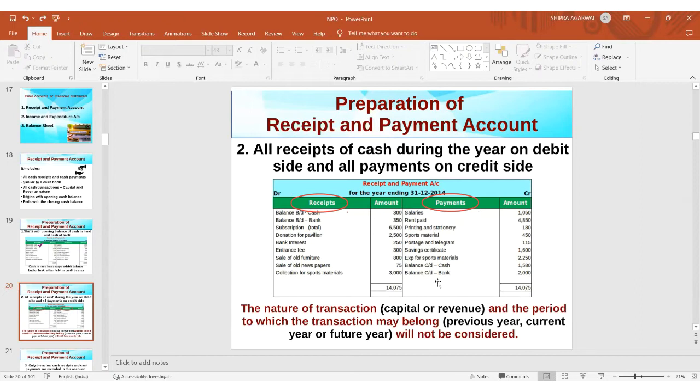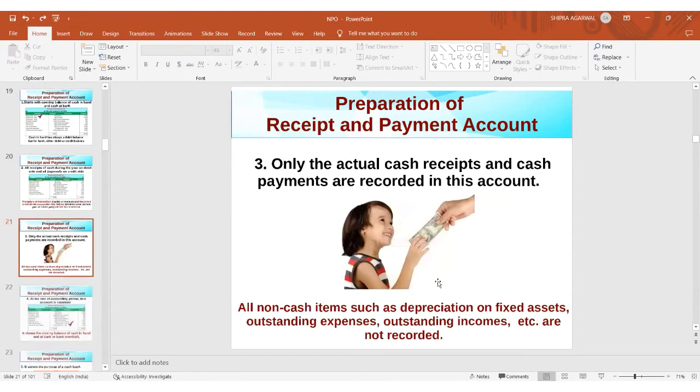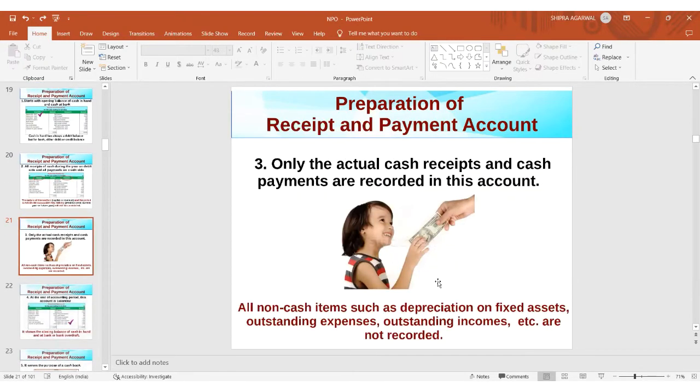It is just to be seen that whatever you are writing over here, cash or bank has to be involved in that. Only the actual cash receipts and cash payments are recorded in this.